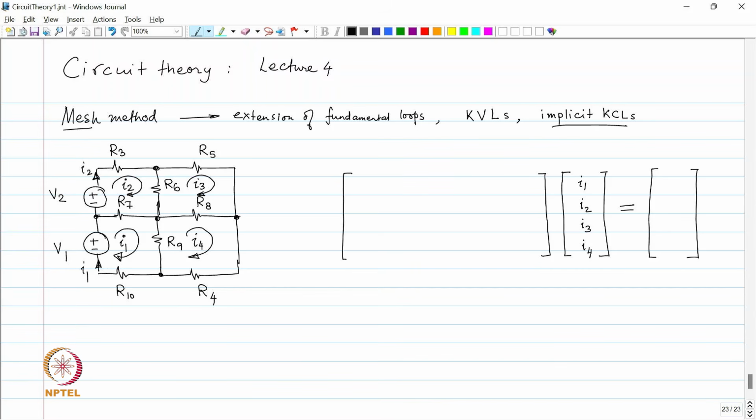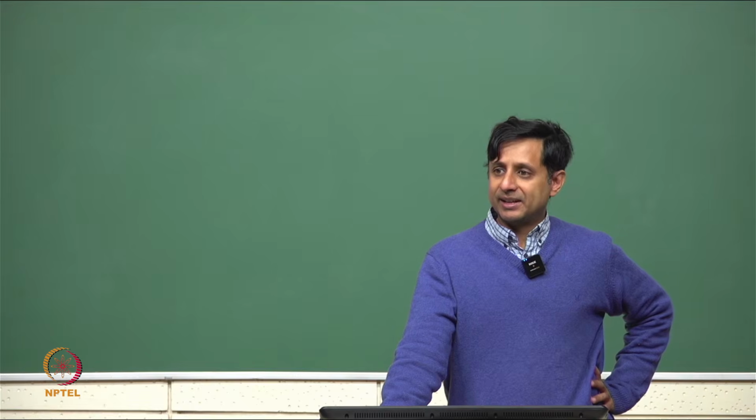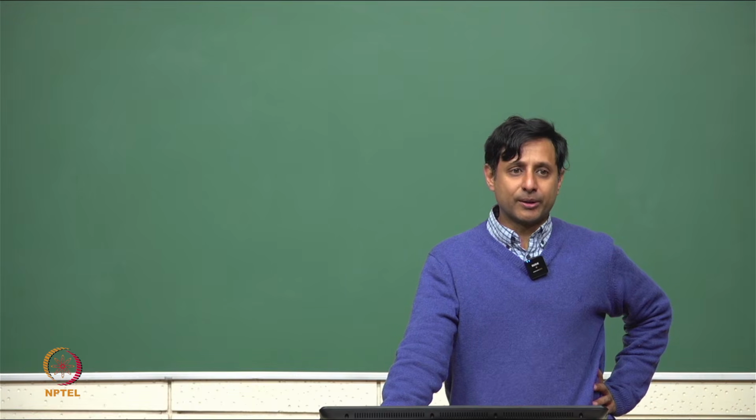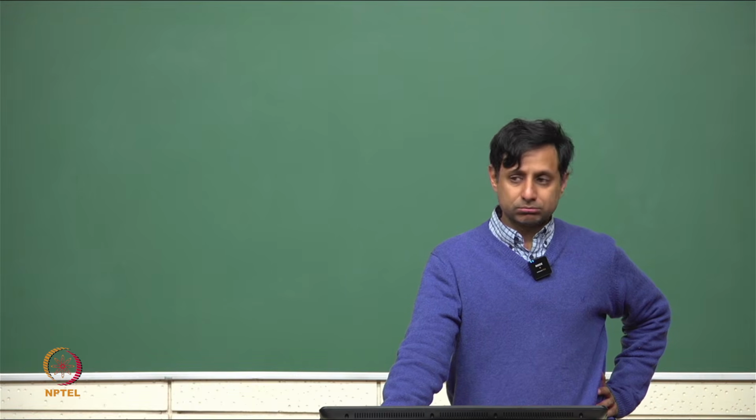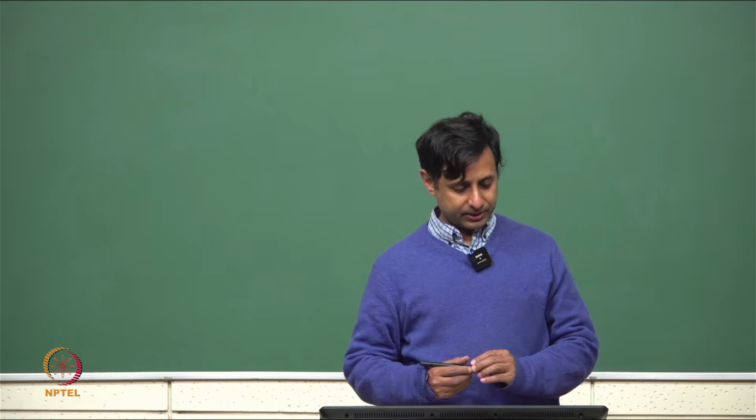What is the statement of KVL? The sum of potential drops along a loop is equal to 0. So, along this arrow we are going to go with potential drops, and we are going to add the potential drops to 0. Fine. This is KVL.